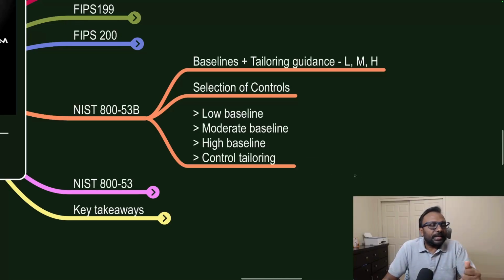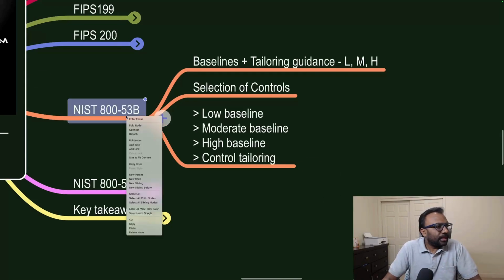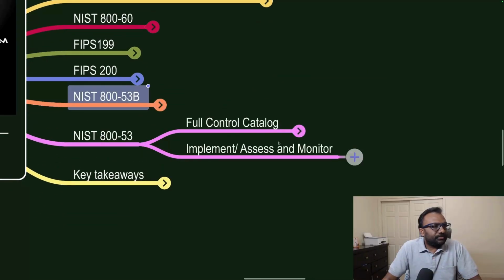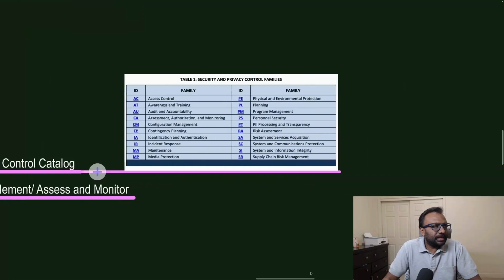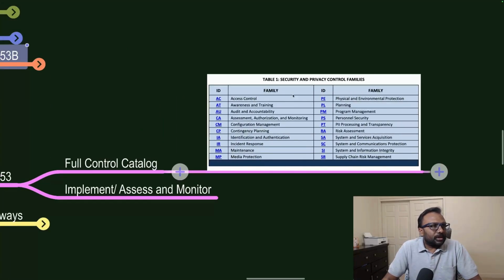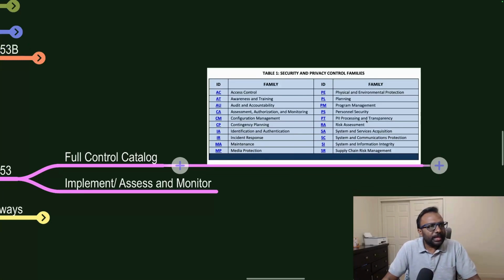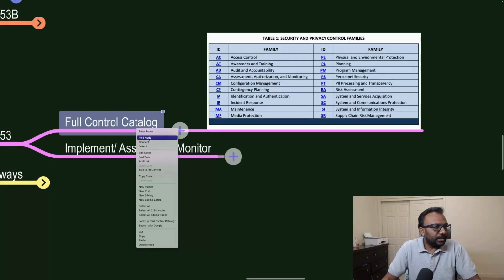Then 853 is a full control catalog with 20 control families in total: access control, awareness and training, audit and accountability, configuration management, contingency planning, maintenance, media protection, and even supply chain risk management. It is applicable to both security and privacy controls, including PII processing and transparency, personnel security, and program management.